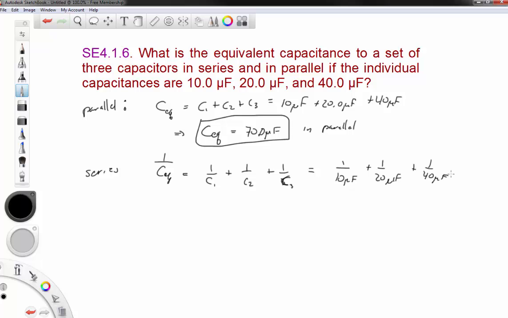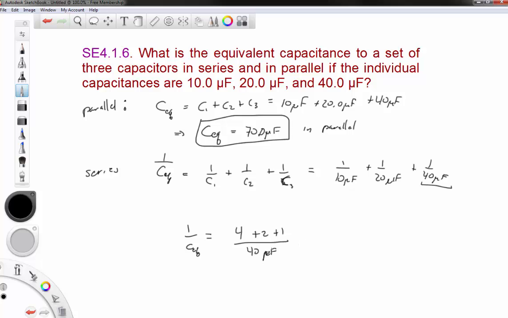And notice that we can rewrite this by putting all of these in terms of increments of 10 microfarads. Then we would have 4 plus 2 plus 1 divided by 40 microfarads.